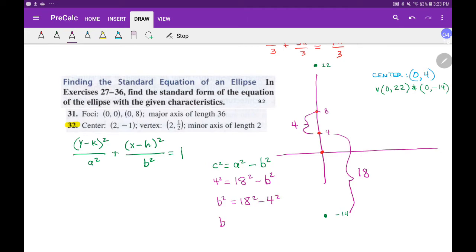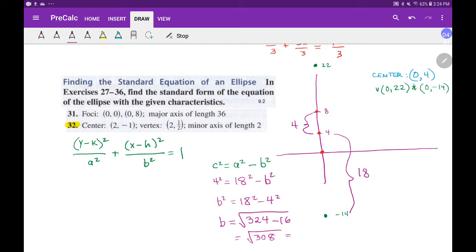And so we'll say b is equal to the square root of 18 times 18, what is that? 18 squared is 324. 324 minus 16 is 308, so the square root of 308, which is, what is that?